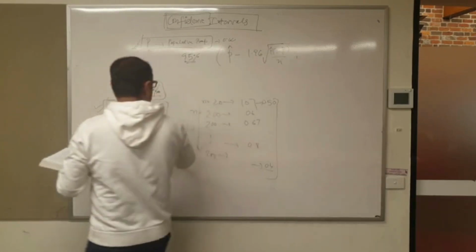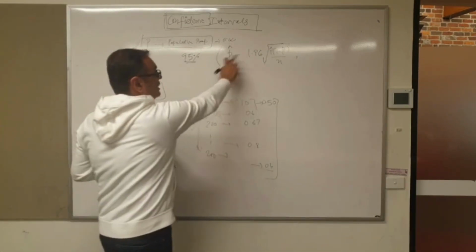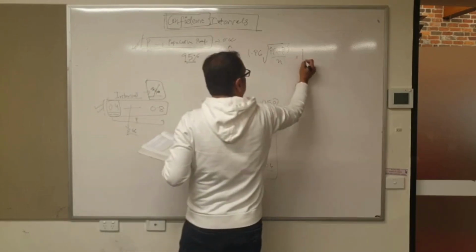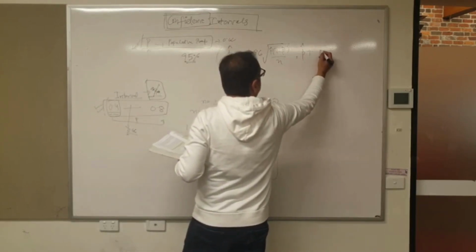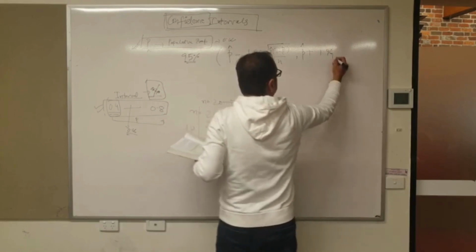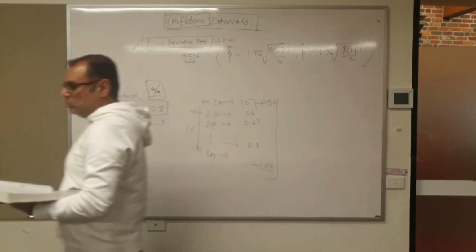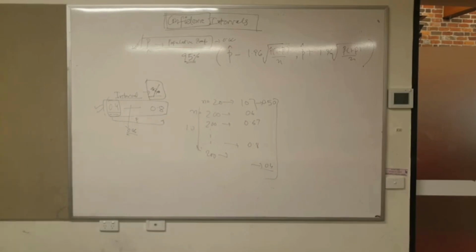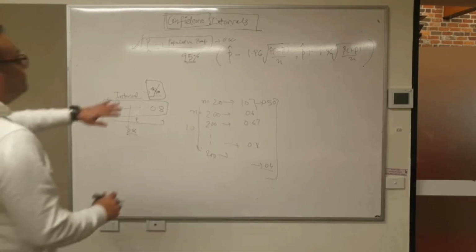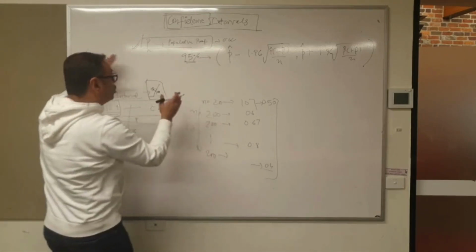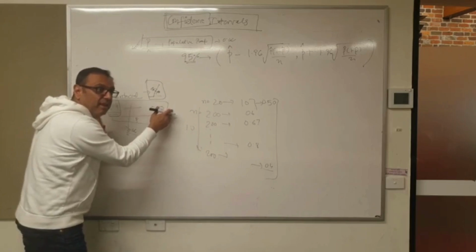comma. Now let's talk about the upper bound. Same story with a plus. p hat plus 1.96 square root of p hat (1 minus p hat) over n. So that is the 95% confidence. This formula gives me a 95% confidence interval.